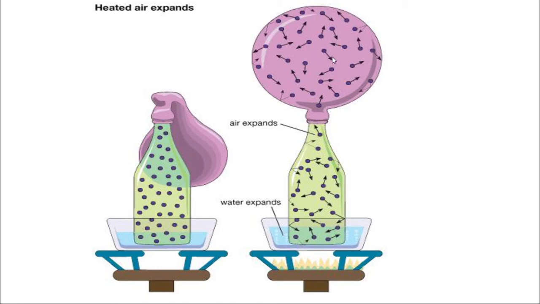You take away the heat energy, the particles are going to move around more slowly, take up less space, and it's going to contract. You can see air from here has moved back into here when the air is cooled. So the overall message here is solids, liquids and gases: if you heat them they expand, if you cool them they contract.